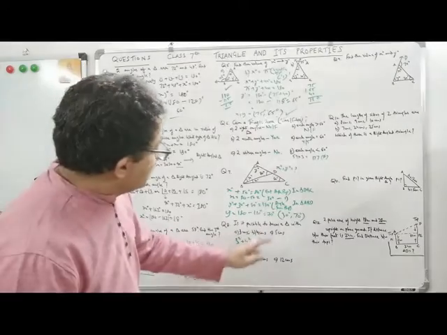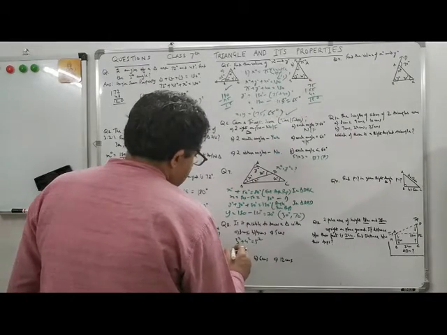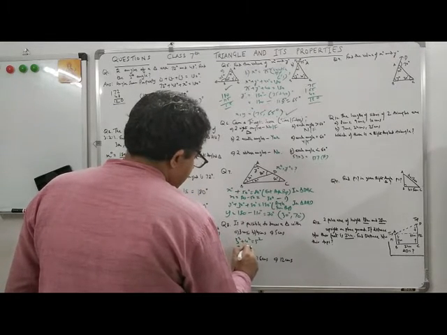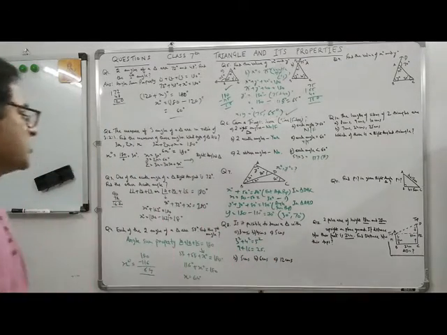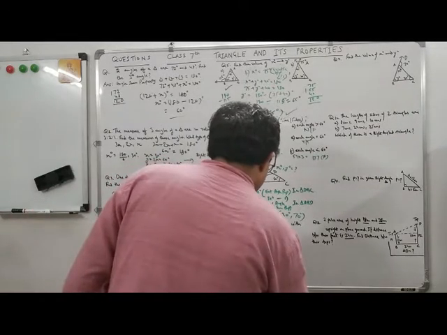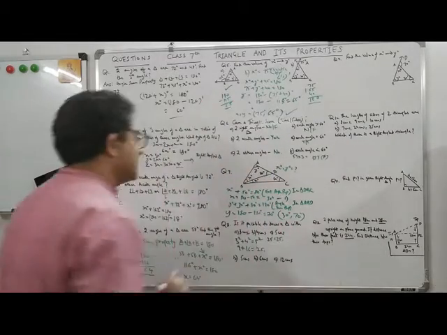So the third side is the longest. 3 square plus 4 square is how much? 3 square is 9 plus 4 square 16, and 5 square is 25. So you can draw the triangle because it is equal. Yeah, 25 to 25. In this case, you can draw the triangle.